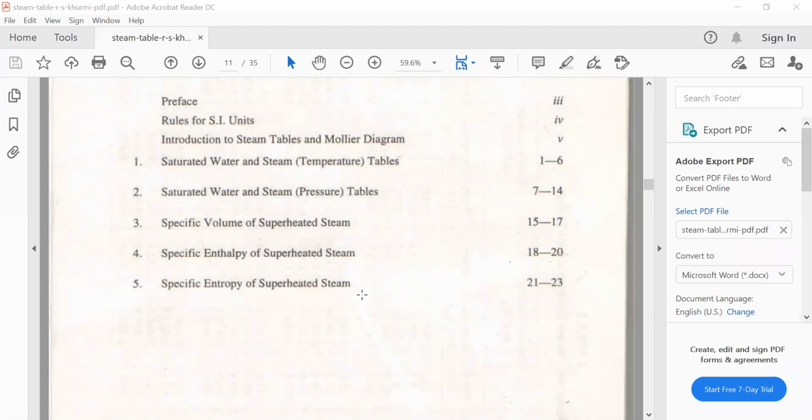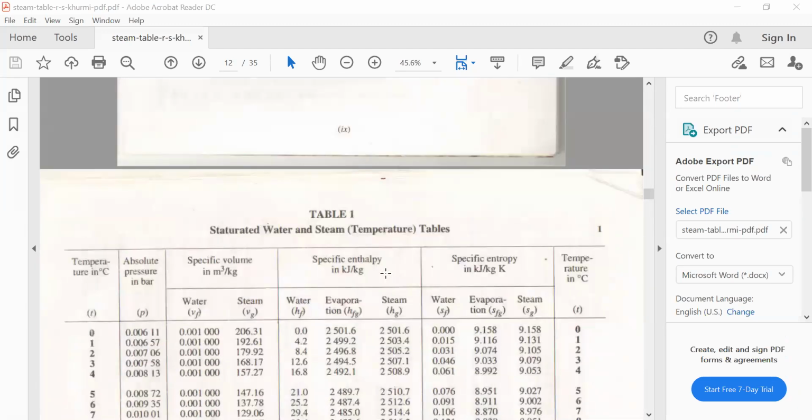So one is based on temperature, one is based on pressure, and you will get the steam properties. The other three tables are for the superheated condition. So let us go to the steam tables.